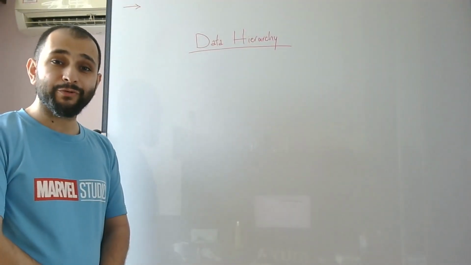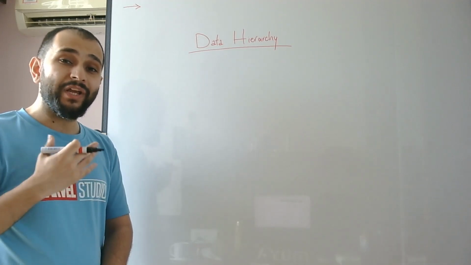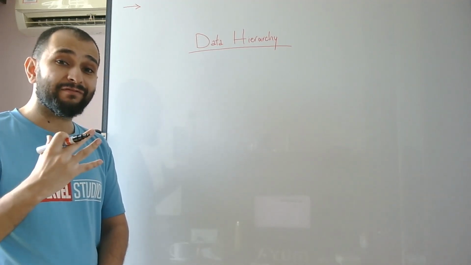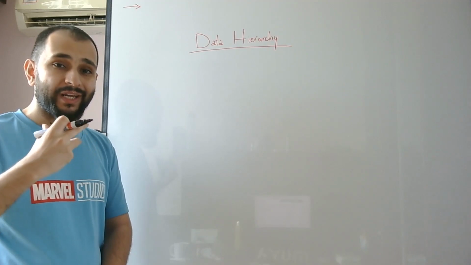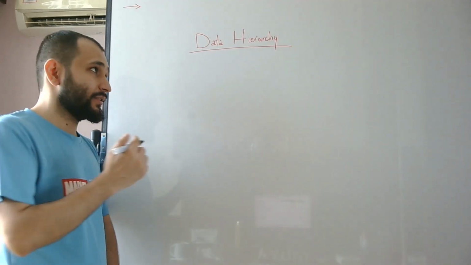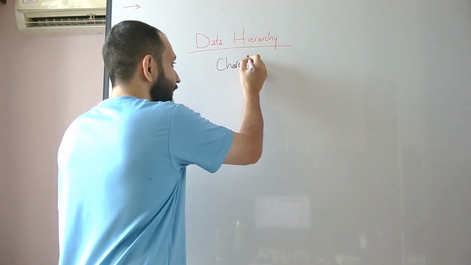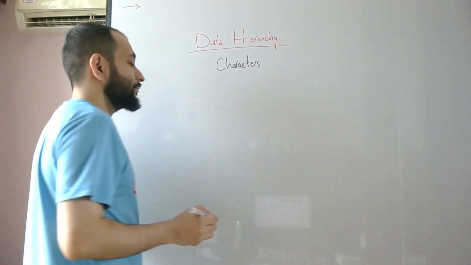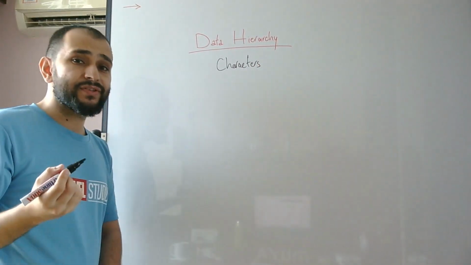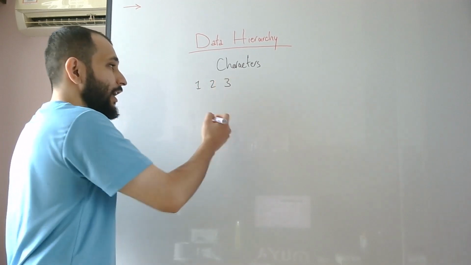Now that we understand that computers operate on a bit level, it's very difficult for us as humans to work with bits. What we like to work with is characters. Let's write down characters here. These characters are digits, for example 1, 2, 3.